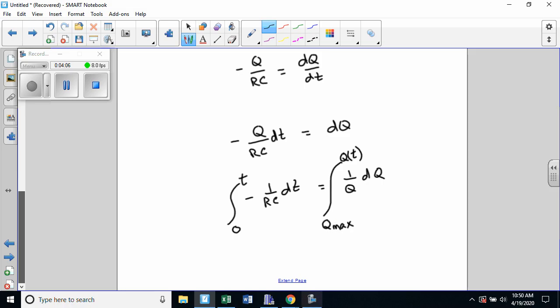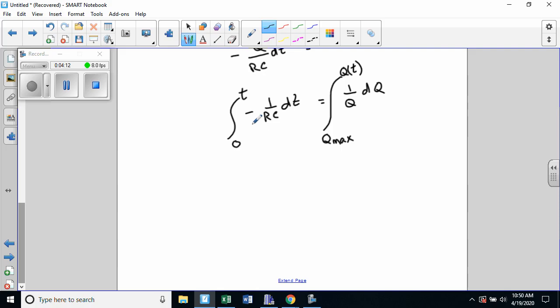Okay? So these integrals are actually not too bad. This minus 1 over RC is a constant, so this becomes minus t over RC. The integral of 1 over Q is just the natural log of Q. So we get natural log of Q, but we want to evaluate it from Q max to Q as a function of time. Okay?